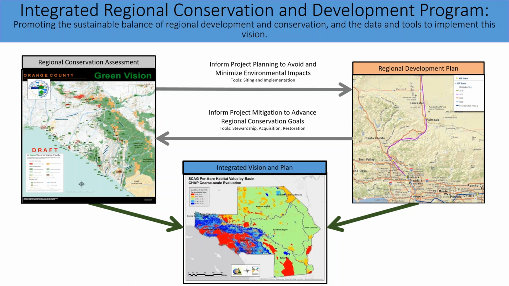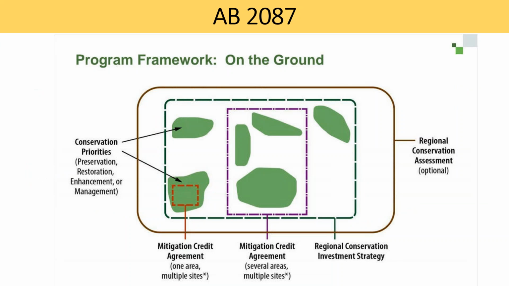And where there is development with unavoidable impacts, then we have a clearer idea as to where any investments should be made to have the highest conservation impact associated with those investments. And so what we've embarked on is really trying to advance the concept of regional conservation assessments, so that we can get them in place on a region-by-region basis to help guide these different conservation development actions.